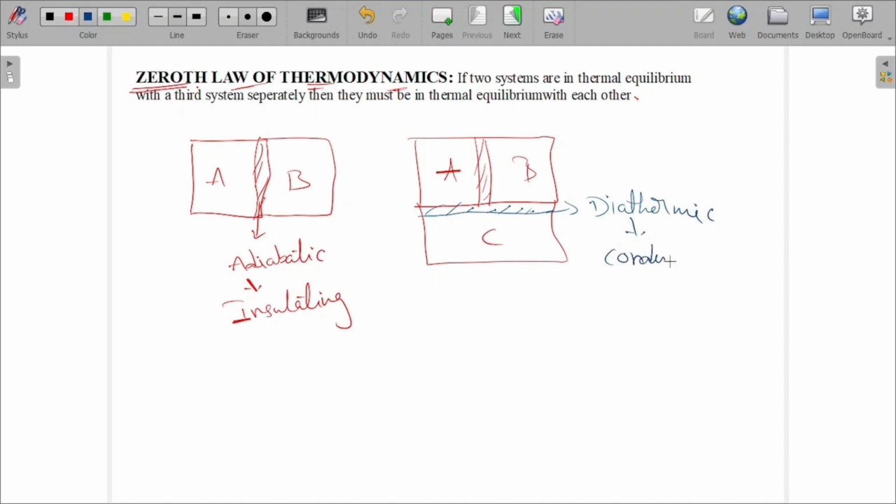It is a conducting wall. Between A and B there is an adiabatic wall, and between A and C, and B and C, there is a diathermic wall. The adiabatic wall stops the flow of energy. The diathermic wall allows the flow of energy. It will exchange energies.